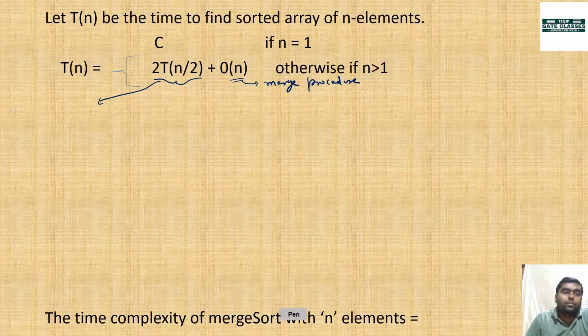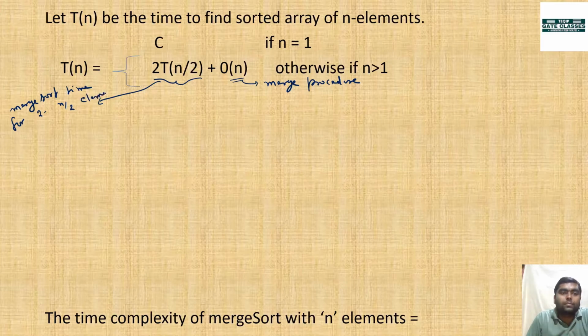This is for merge sort time, for 2 n by 2 elements.